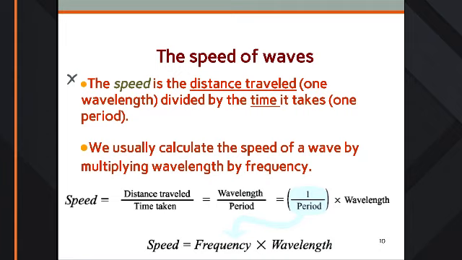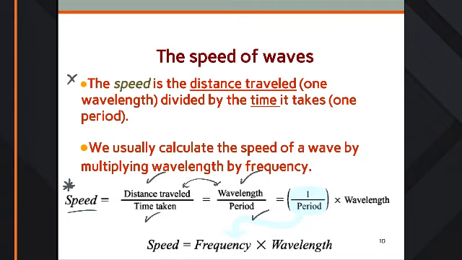So the speed is the distance traveled, one wavelength, divided by the time it takes for one period. Why don't you have this whole thing written down here? Speed equals distance divided by time, nothing new. We have wavelength divided by period; distance and wavelength are the same here.